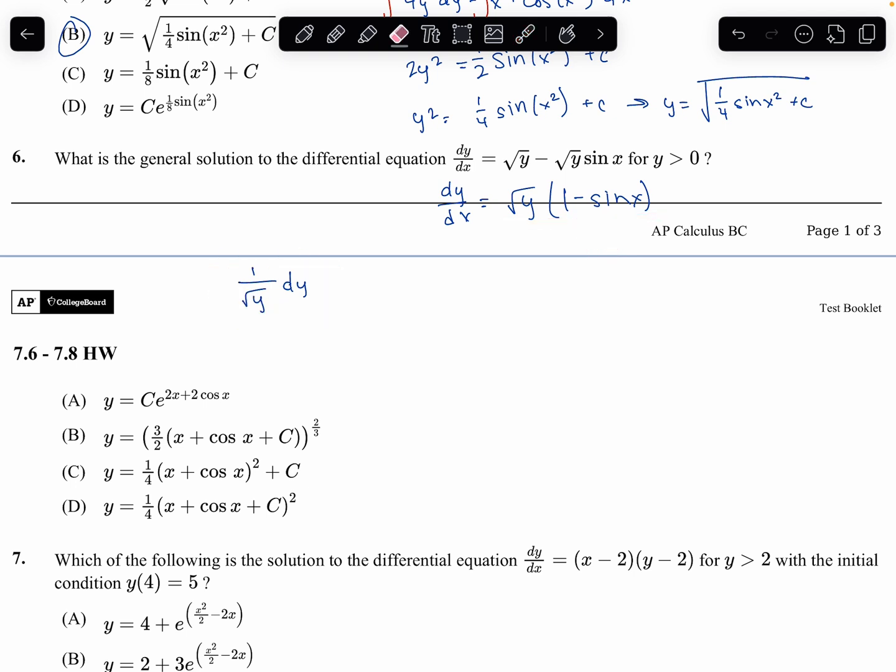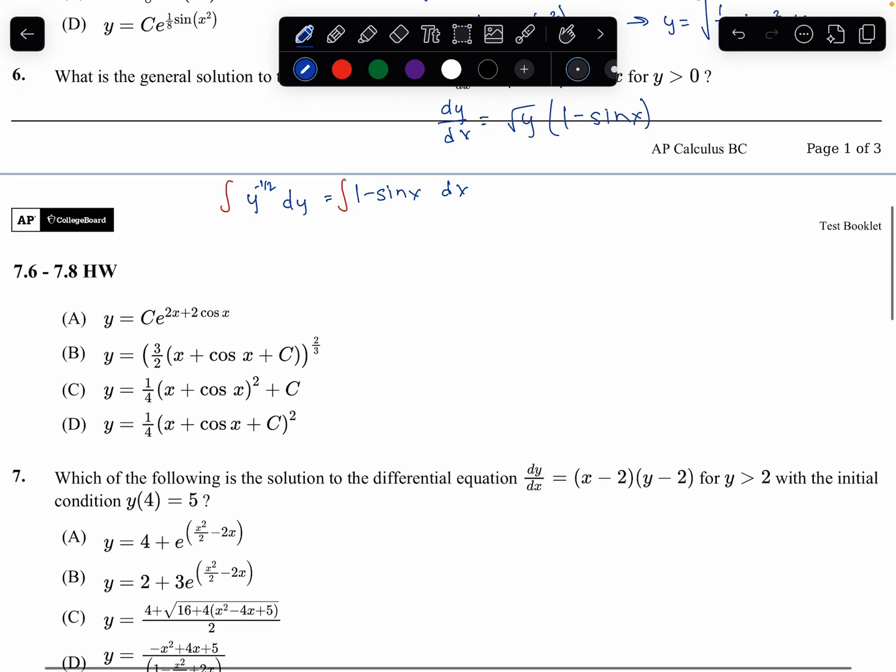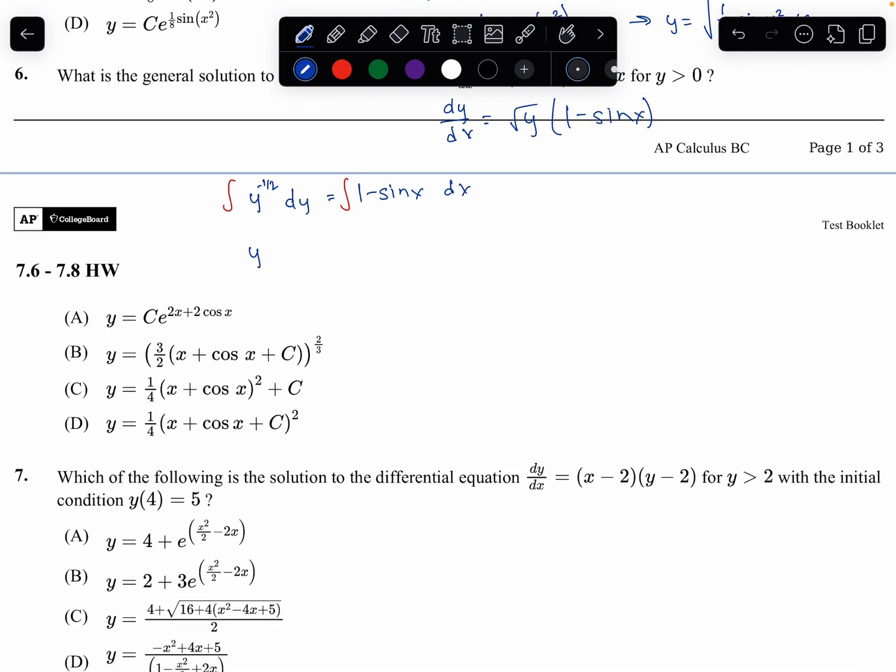I can rewrite that as y to the negative 1/2 dy, and so that's going to be equal to 1 minus sine of x dx. And then, since I've separated the variables, I can anti-differentiate. Here, that's going to be y to the 1/2 times 2, I believe.